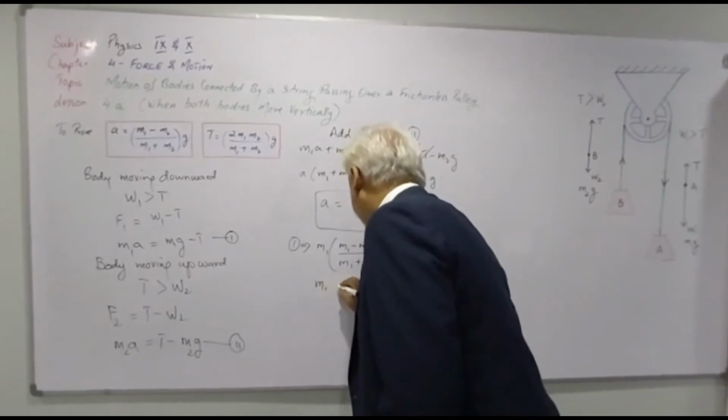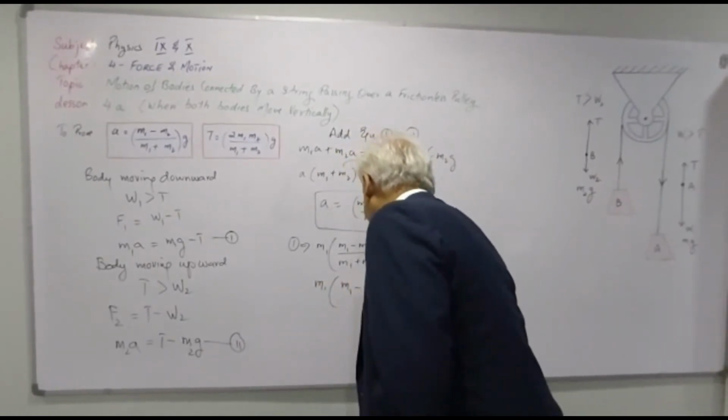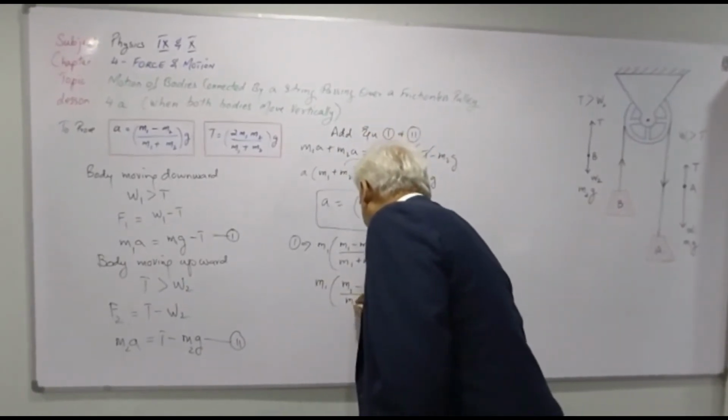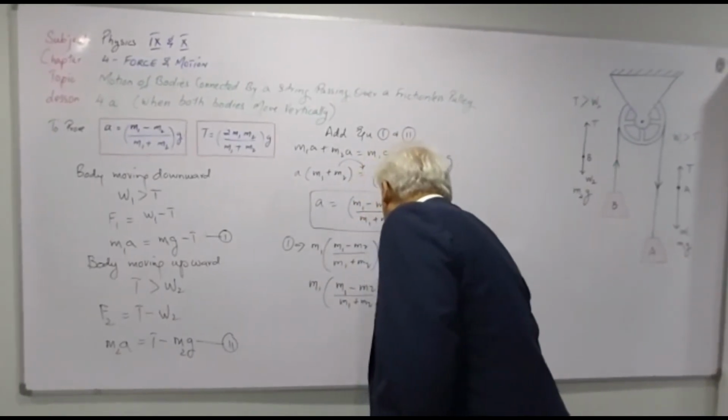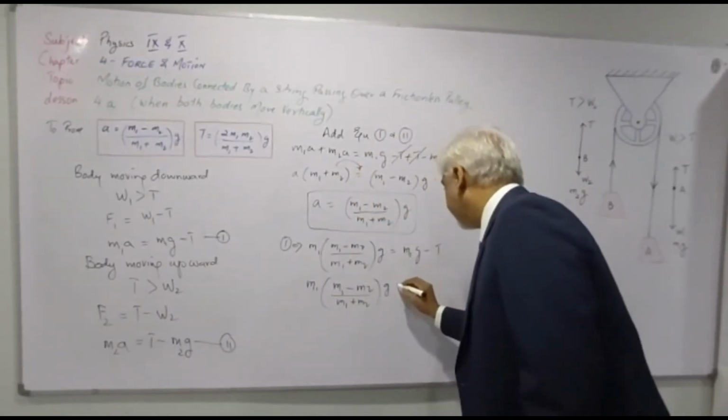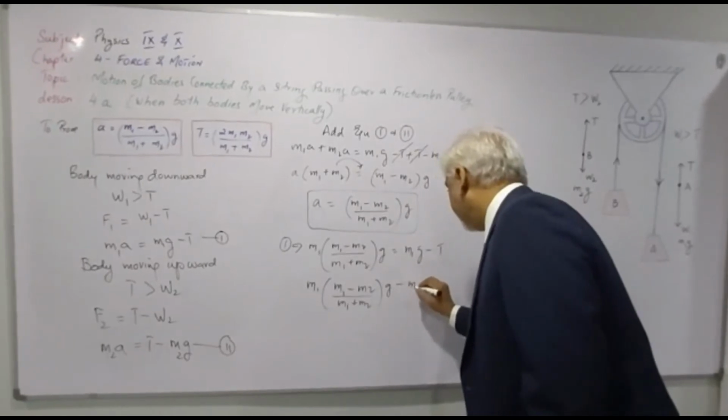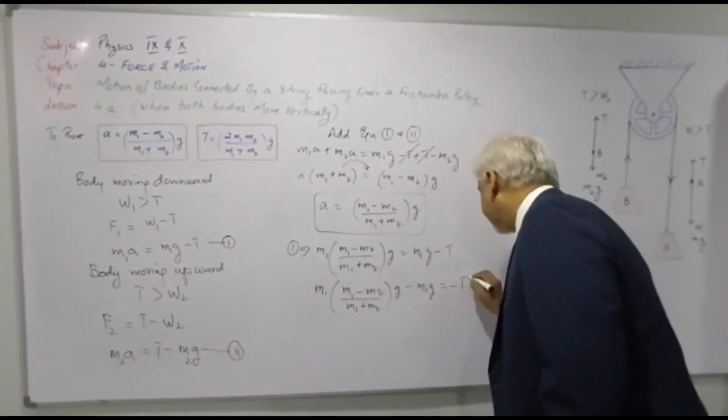If I bring this to the other side, I'll get minus m1g equals minus T.